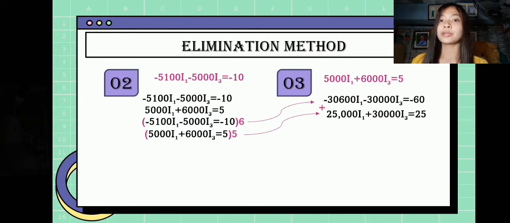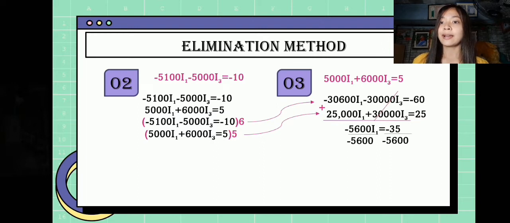After that, we will add these two, so that the I3 terms cancel. So the result is negative 5,600 I1 is equal to negative 35. The next thing we will do is divide both sides by negative 5,600 to get I1.